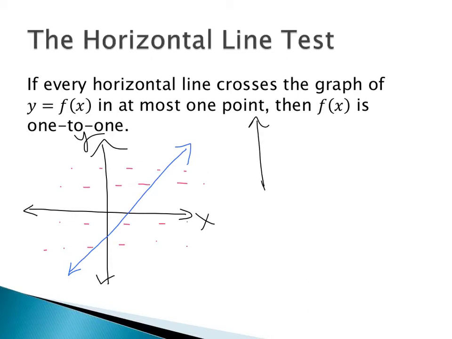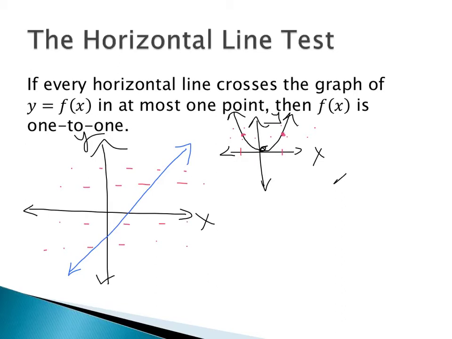If instead we graph the function x squared, that's really x minus 1 quantity squared, and when you draw horizontal lines, you're hitting it at multiple places. So in other words, there's multiple x values that are going to give you the same y value.